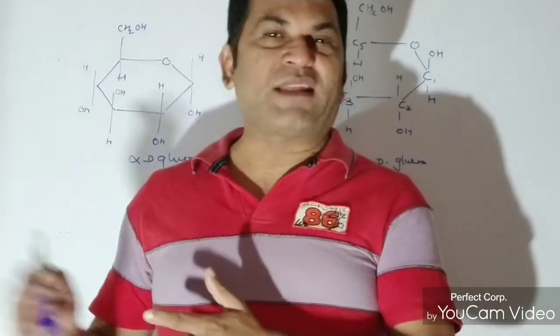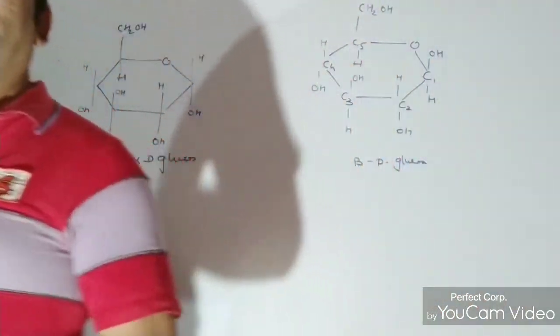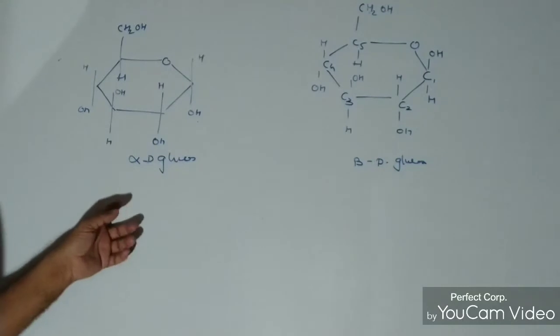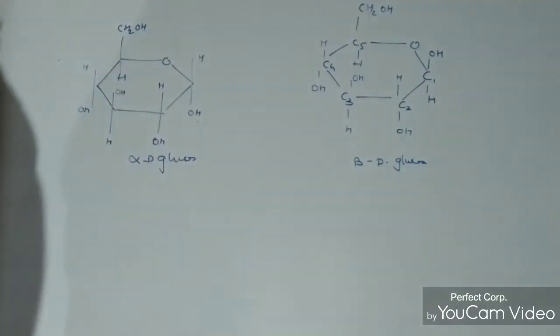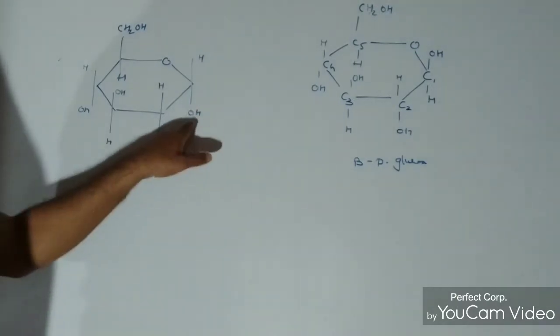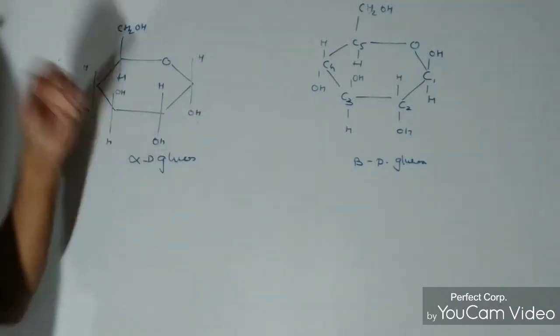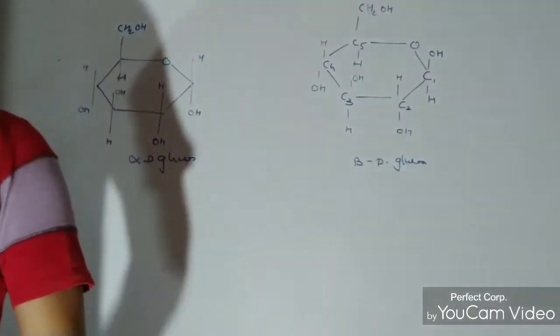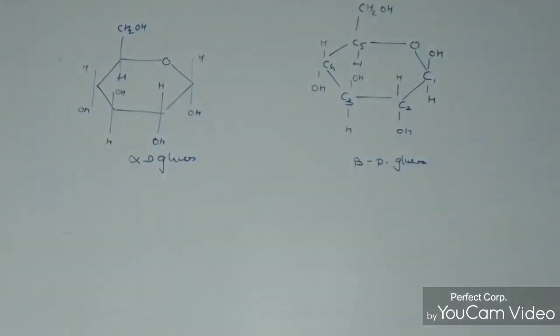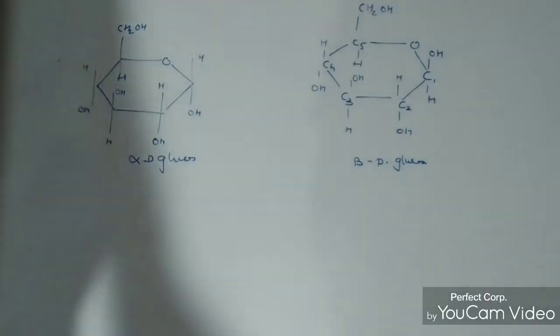Same thing we will go with the L. So glucose has lots of isomers. This is stereochemistry and it is very interesting. So OH down is alpha glucose, OH up is beta glucose.